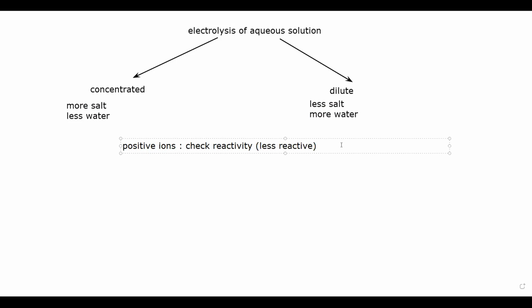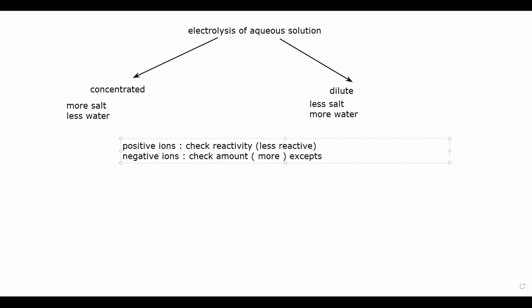And for negative ion, we will always check the amount. The ion which is more will move towards the anode, except three ions.